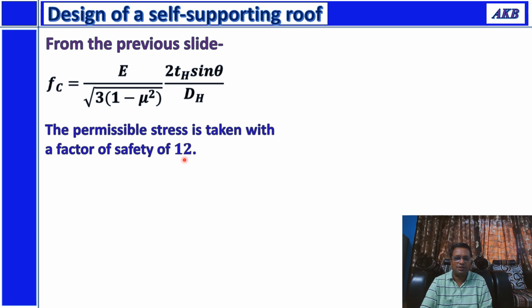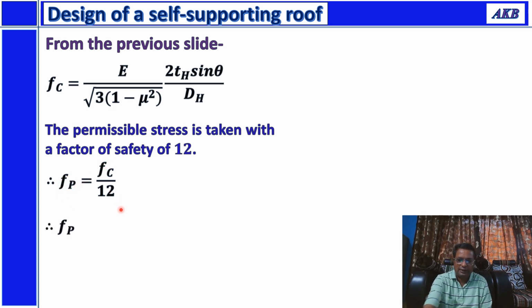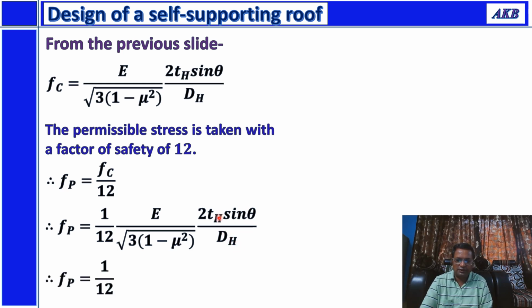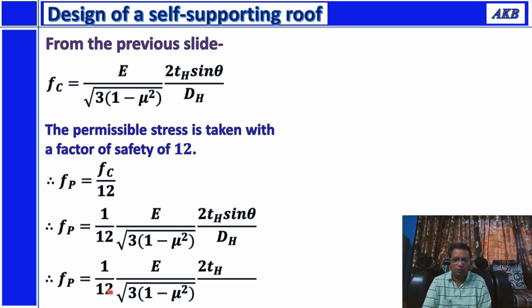That means the permissible stress will be the critical stress divided by 12. So the permissible stress, let us call it Fp, will be Fc upon 12. And if you use the equation for Fc, Fp will be equal to 1 upon 12 into E upon under root of 3 into 1 minus mu square into 2 Th sin theta divided by dH. If you simplify this, you will have Fp is equal to 1 by 12 E upon under root of 3 into 1 minus mu square into 2 Th sin theta upon dH.